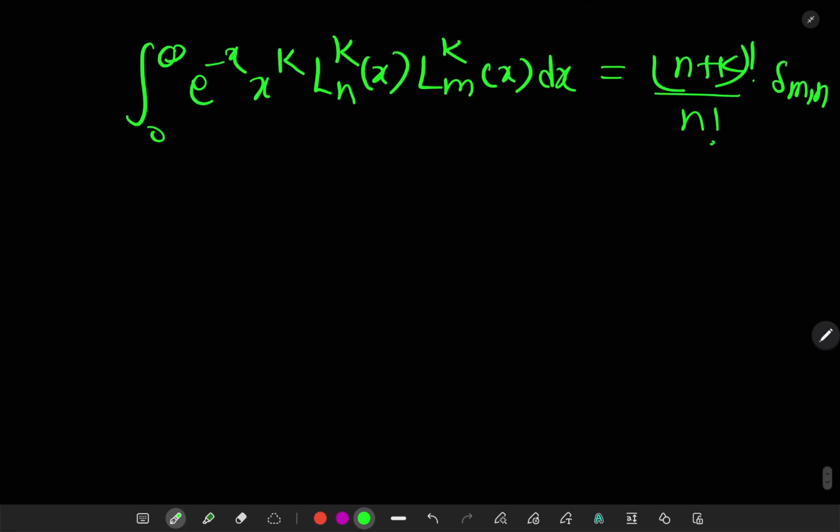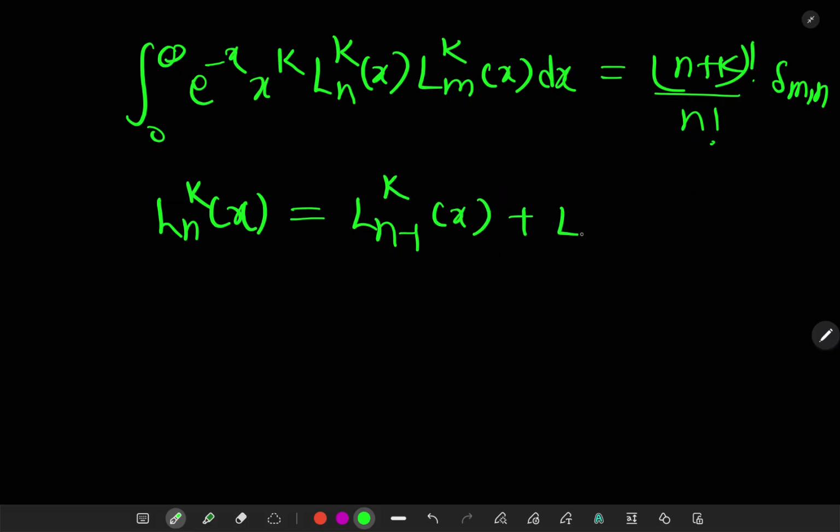Now, recurrence relation of associated Laguerre polynomial. Ln k x is equal to L n minus 1 k x plus L n k minus 1, and this is the second recurrence relation.